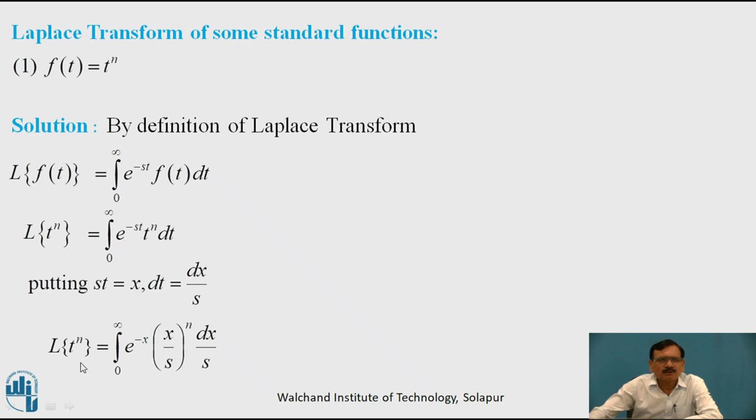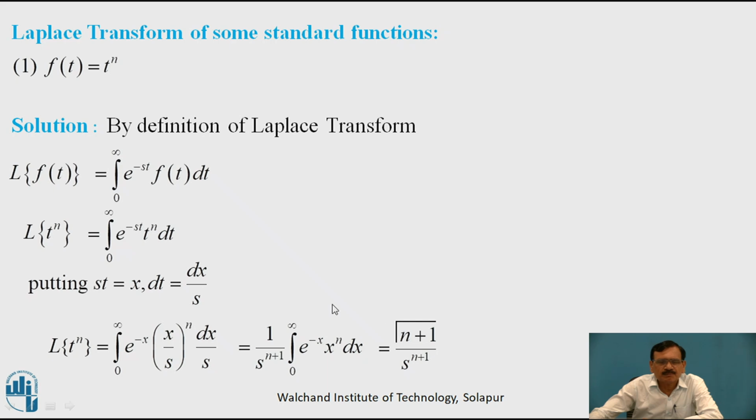Therefore, Laplace transform of t raised to n is equal to integration from 0 to infinity e raised to minus x into x by s raised to n into dx by s, which is equal to 1 by s raised to n plus 1, integration from 0 to infinity e raised to minus x into x raised to n dx, which is equal to gamma of n plus 1 upon s raised to n plus 1.